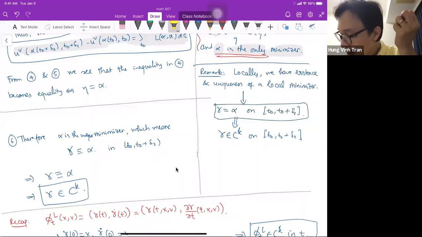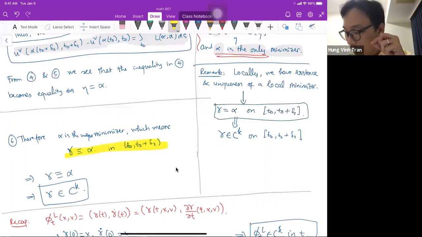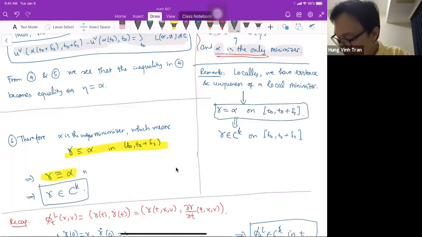What is also remarkable here is that once I have gamma equals alpha in a small interval, I can conclude that gamma equals alpha if you extend it to the whole interval AB. By this I mean that gamma equals the projection of P on phi_t^L of (x, v) for all t in the interval AB.